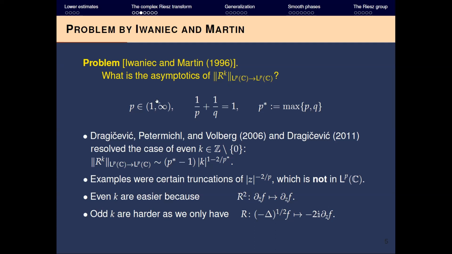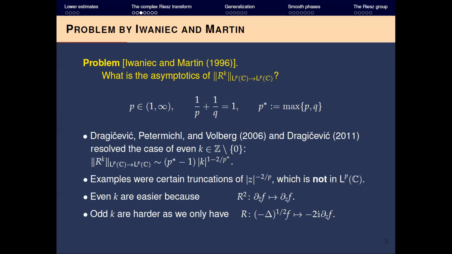So here p is, of course, a number between 1 and infinity. And here and also throughout the rest of the talk, q will be the conjugate exponent, and p star will be the greater of the two numbers, p or its conjugate.